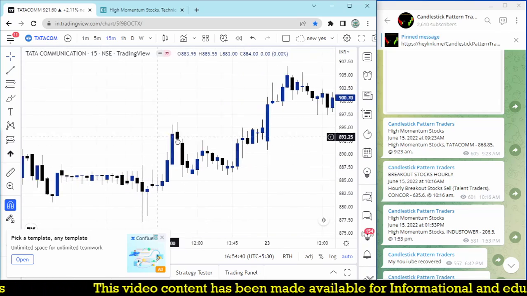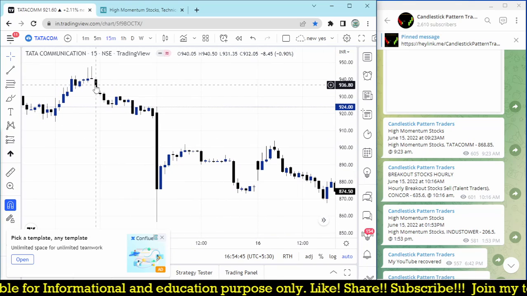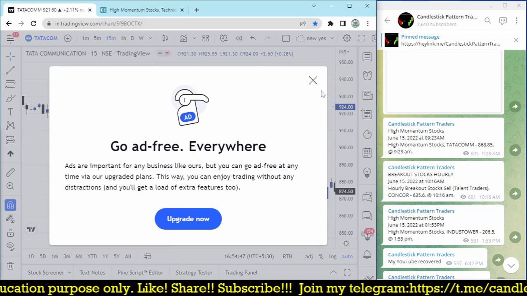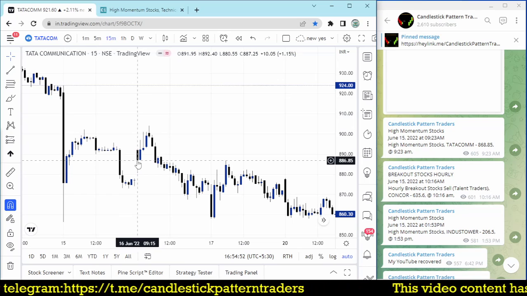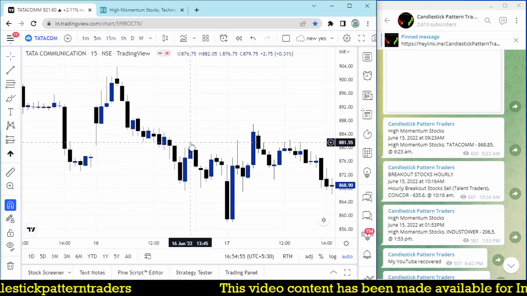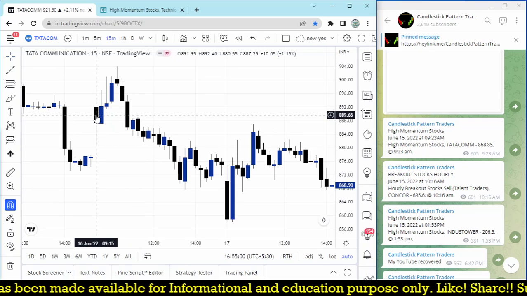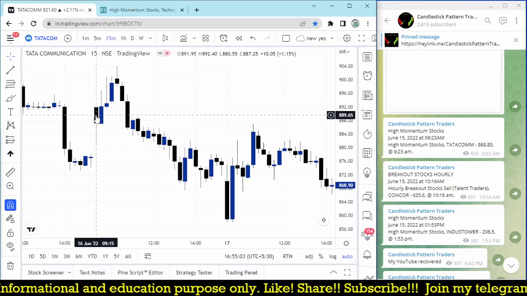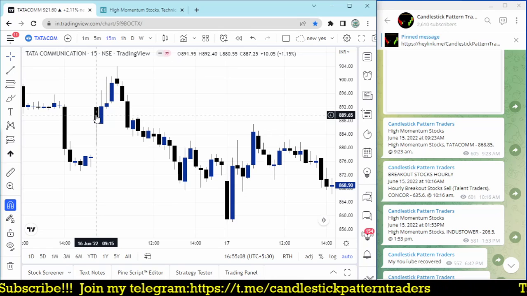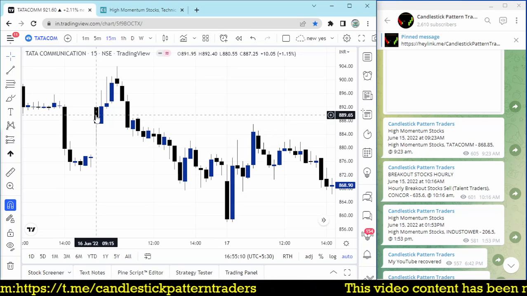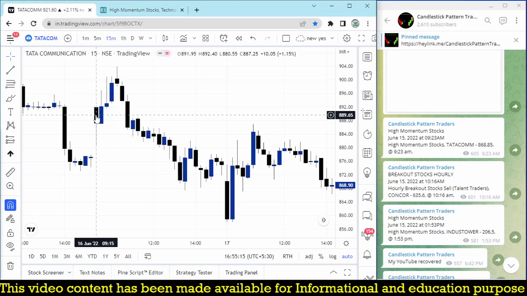If I get any chance around 9:15, that is 9:23, I use a 15-minute candle. So there is high momentum, which started around 868. I'm not sure whether I'm going to buy or sell the stock. I don't know about that, because it only tells us there is high momentum in that particular stock.